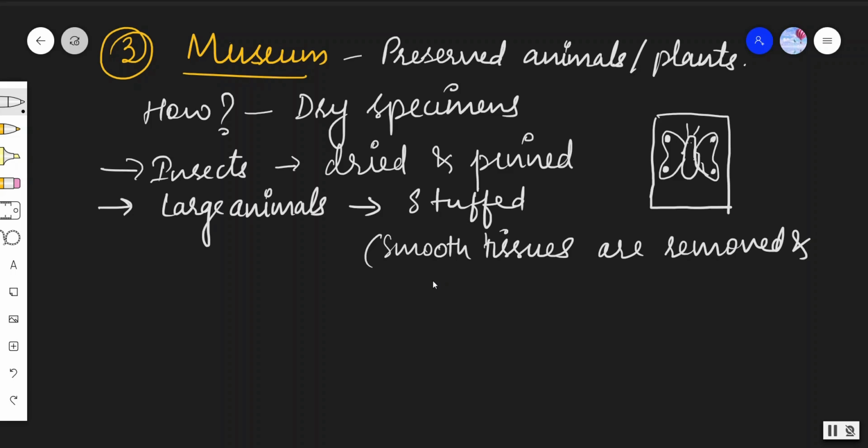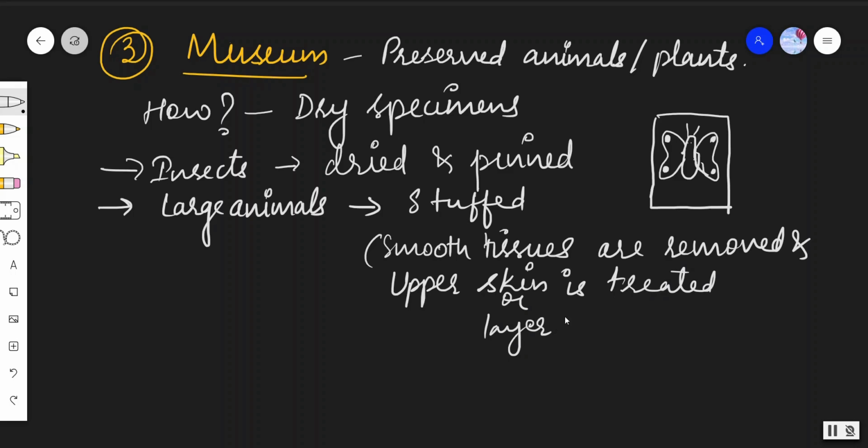Clear? These are stuffed in place of soft tissues, and the outer layer of skin is treated. This is how the animals and insects are preserved.